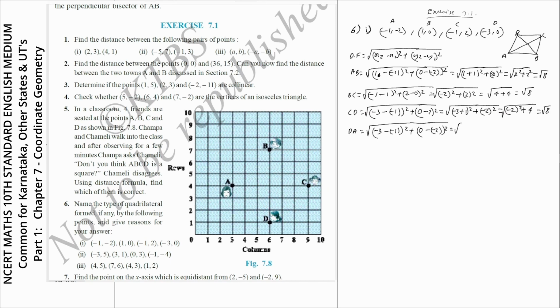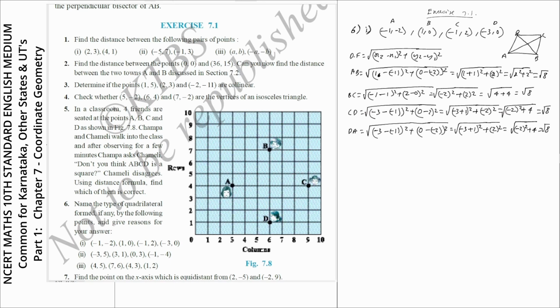So minus 3 plus 1 is minus 2 the whole square, plus 2 square is 4. So minus 2 the whole square is plus 4, plus 4 plus 4 is plus 8, square root of 8 I'll get. So you can check that AB is equal to BC is equal to CD is equal to DA, all are coming to be root 8.